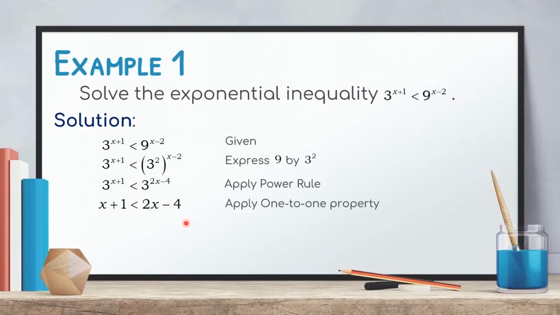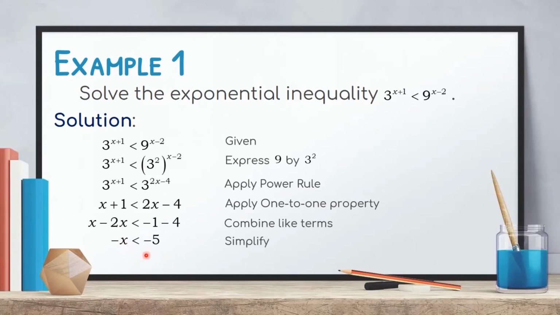Solving for the value of x, we need to combine like terms. So we will have x minus 2x is less than negative 1 minus 4. Simplify the left side of the inequality and also the right side. Then we will have negative x is less than negative 5.